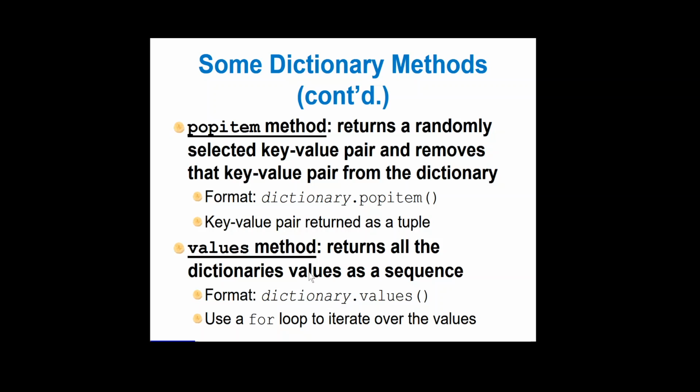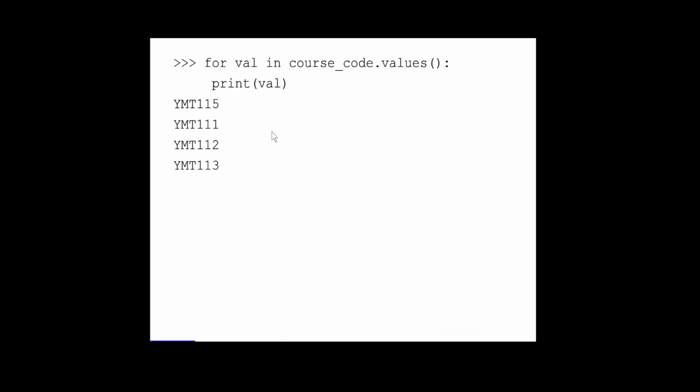If you are interested in returning all the values available in the dictionary in the format of a list, you can do that by dictionary's name.values. That will return for you all the values, not keys, not the pair, just the values as a sequence, which is a list. You can iterate over them. For example, for value in course code.values, it will return to you a value after another.